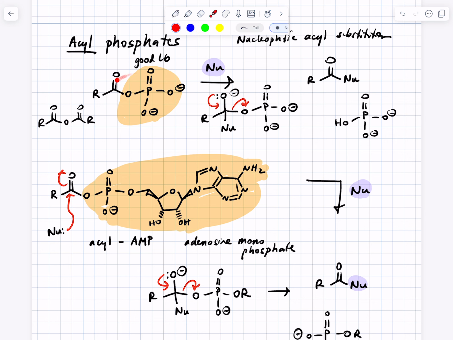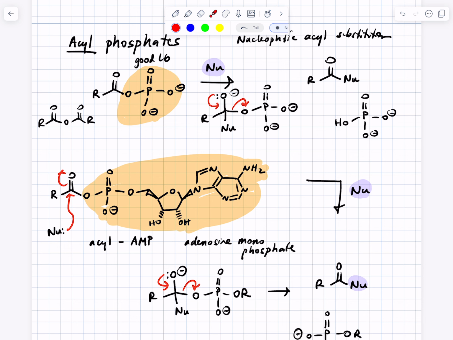The only difference between the acyl phosphate and an anhydride is that what's on the other side of the oxygen in the middle is a phosphorus instead of a carbon. So you should expect acyl phosphates to be about as reactive as anhydrides, only they're just more stable under aqueous conditions in biology. All right, questions about that so far?